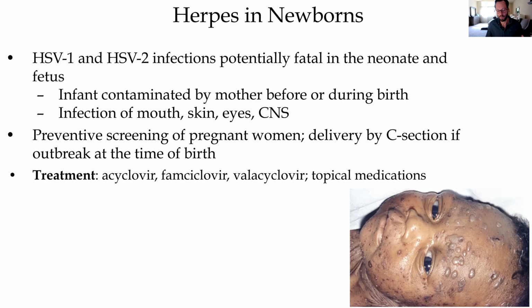So if a patient comes in labor and there are visible lesions, then they will either treat that patient with acyclovir, or they'll try to do a C-section to prevent the infection through the vaginal canal. But as we've mentioned, it can be spread without discernible lesions present. So, sometimes it misses the radar.